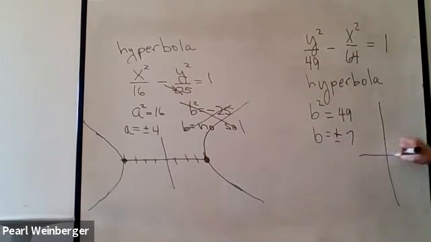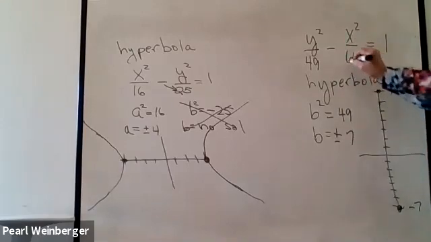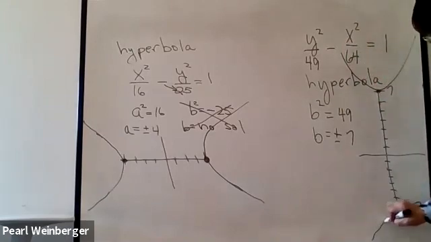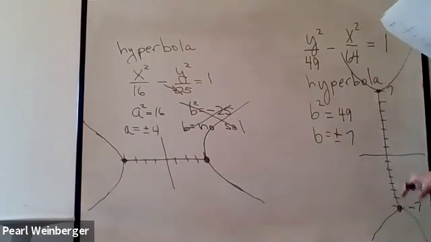If I went to graph this, I would have to go up to 7 on the y-axis, 1, 2, 3, 4, 5, 6, 7, and down to negative 7. Here are my two y-intercepts. Again, it's not crossing the x-axis, and I get these two backwards facing U's. That's what my graph would look like, two backwards facing U's crossing at 7 and negative 7.